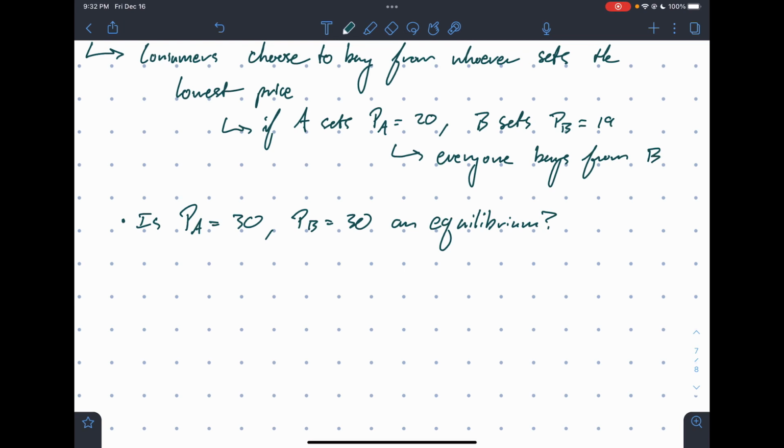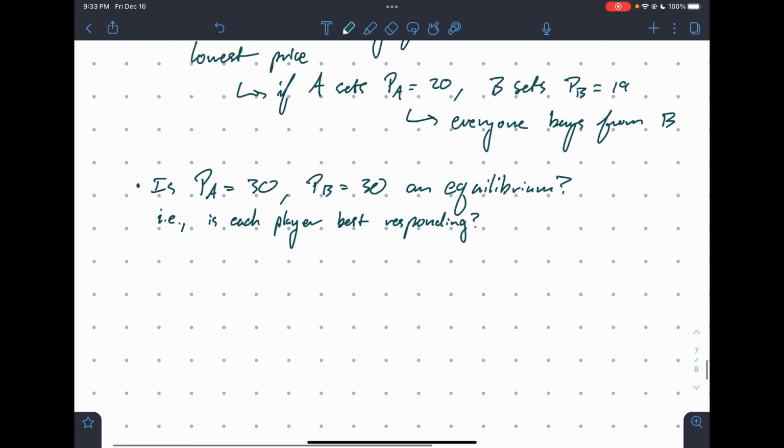Okay, so we're asking, is this an equilibrium? Well, in an equilibrium, each player needs to be playing their best response. So is each player best responding to the action taken by their opponent? Well, here, when they're both playing 30-30, they're getting a certain profit.